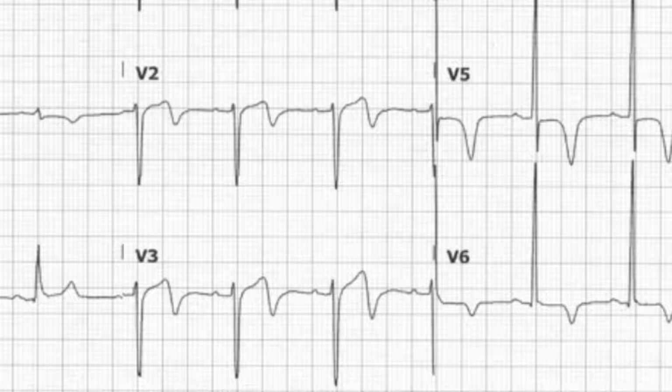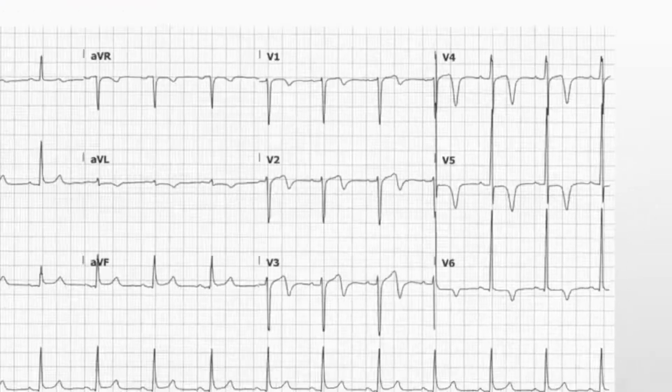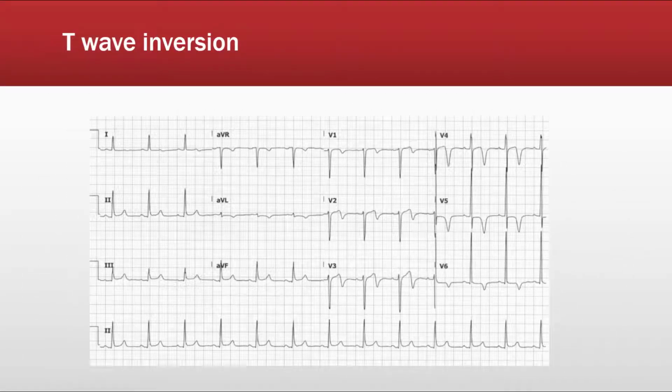Should the obstruction lessen and some blood flow be re-established to the damaged area, the reintroduction of oxygen to the damaged tissue can cause a secondary injury that results in these repolarization changes. And this is where we see the persistent inverted T waves or the biphasic T waves in V2 or V3.